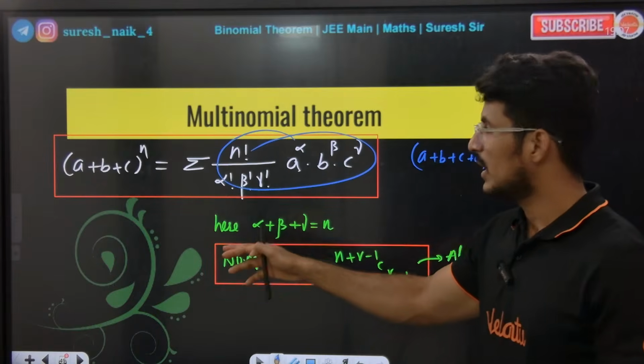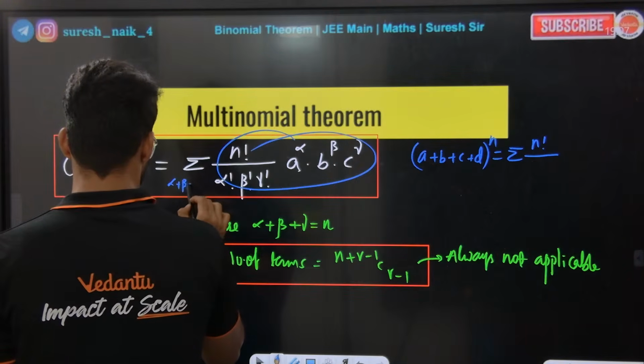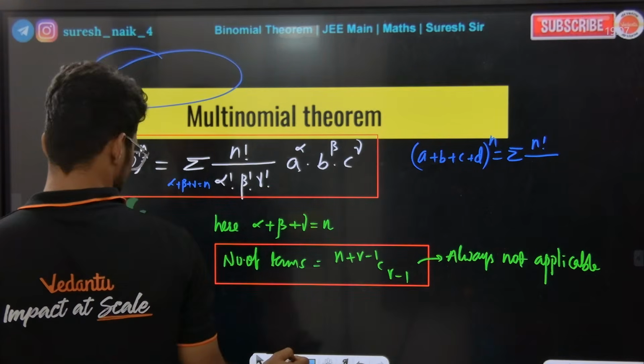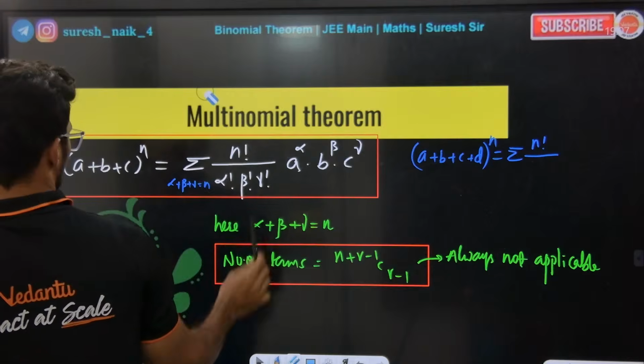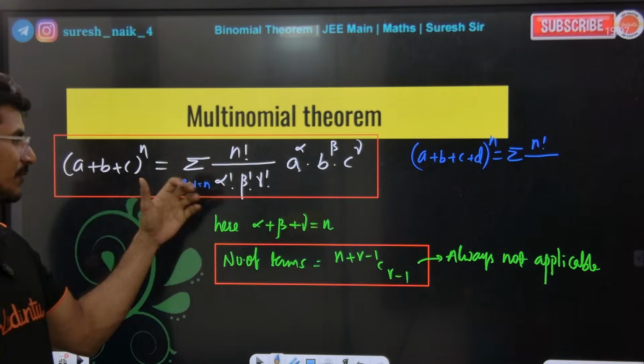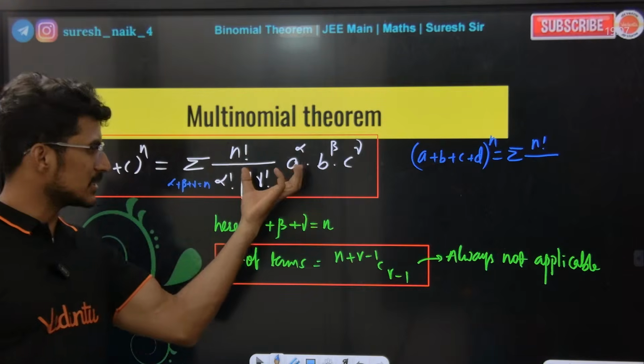If I put in different values, you need alpha plus beta plus gamma equal to n here. If I put different values of alpha, beta, gamma and sum it up, you will get that expansion. But the general term is this.